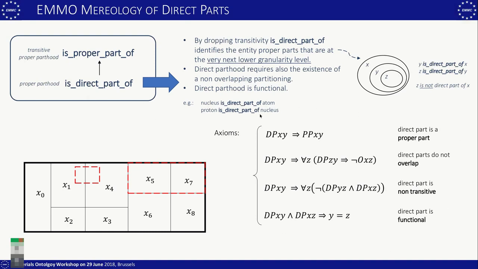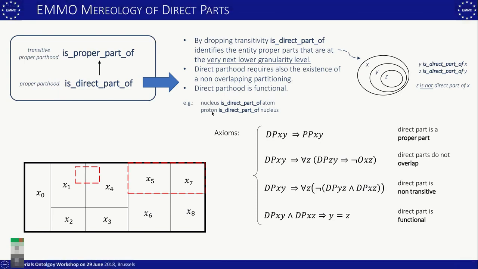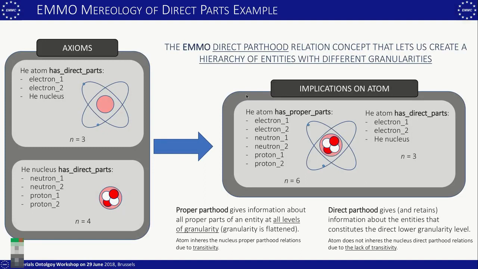In this way, we say that a nucleus, for example, is a direct part of an atom, and a proton is a direct part of a nucleus, but a proton is not a direct part of an atom. So we define levels of parthood in order to help us build definitions of matter using a strict granularity hierarchy.